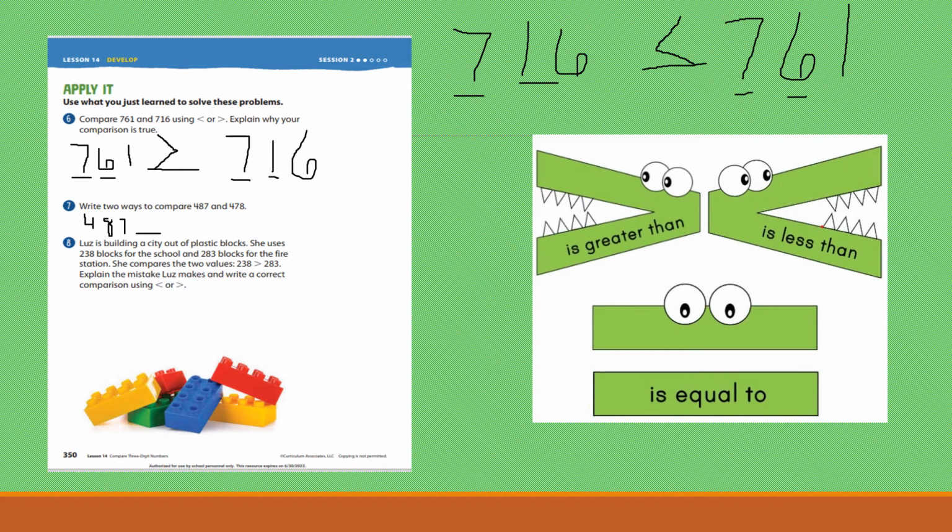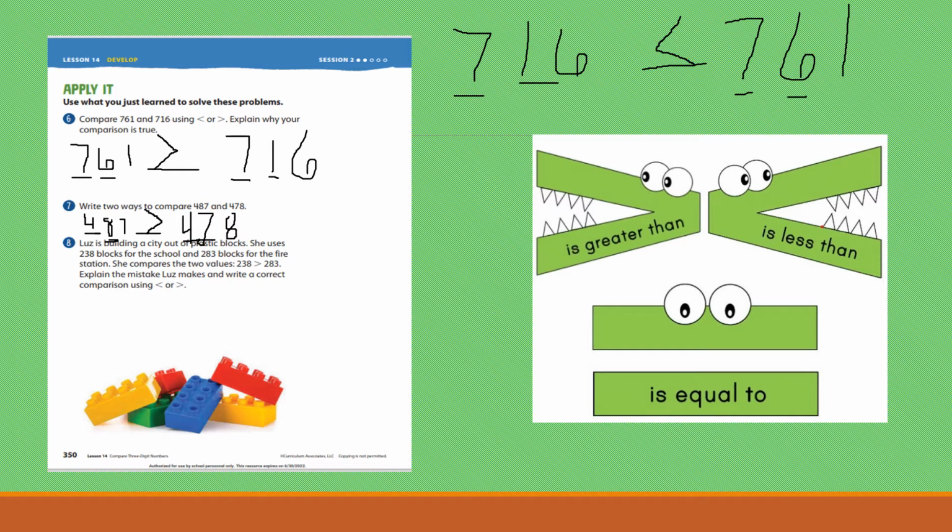I'm going to leave a blank, and 478. The first thing I'm going to do is look at my hundreds. I have a 400, I have a 400, I have 8 tens and 7 tens. Which ten is greater? 8 tens. My alligator mouth is open to the bigger number. And I read that 487 is greater than 478.